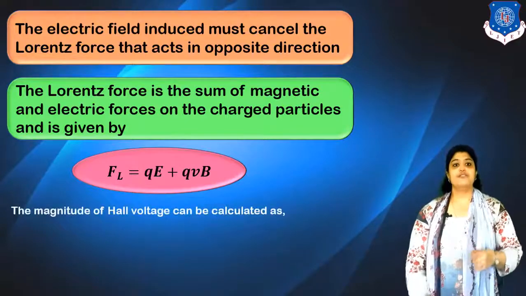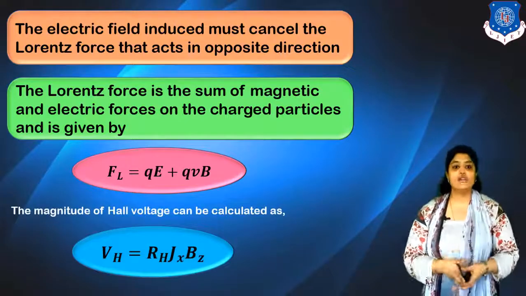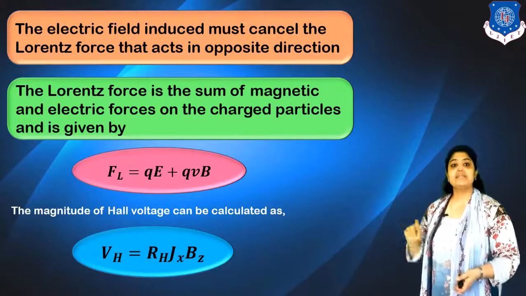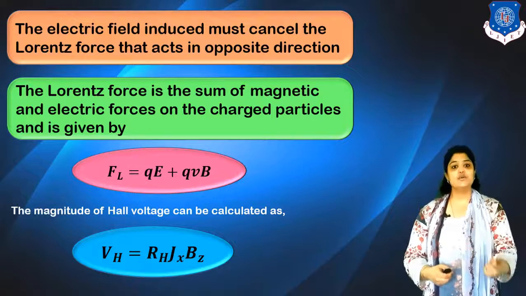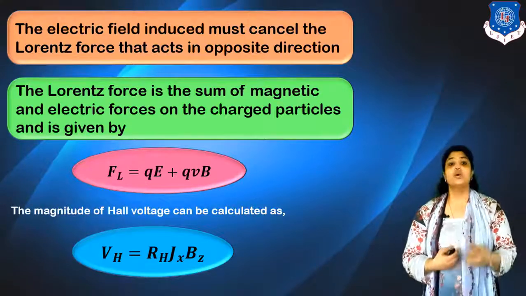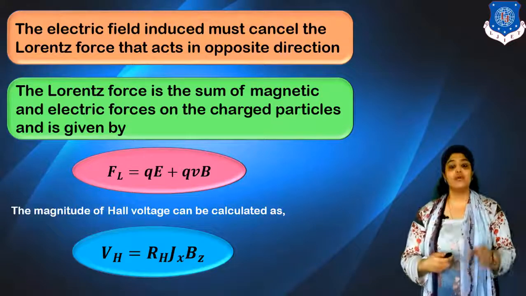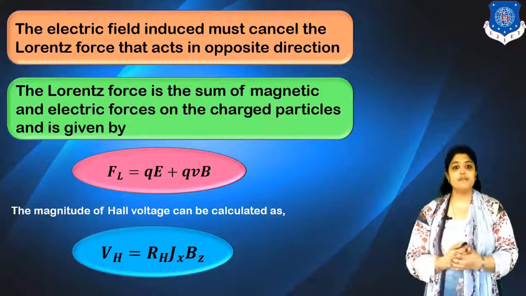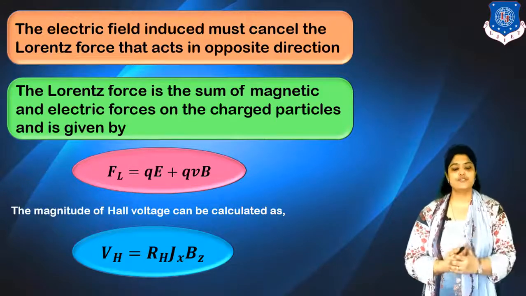So I can have the magnitude of Hall voltage calculated as VH equals RH JX BZ. VH here denotes Hall voltage, RH denotes the Hall coefficient, which is defined as 1 upon NE. 1 upon NE means N is the number of electrons per unit volume and E is the charge of electrons.